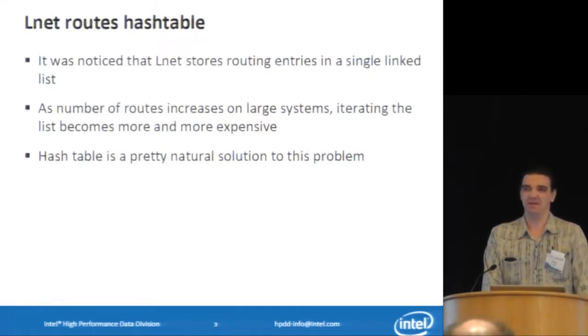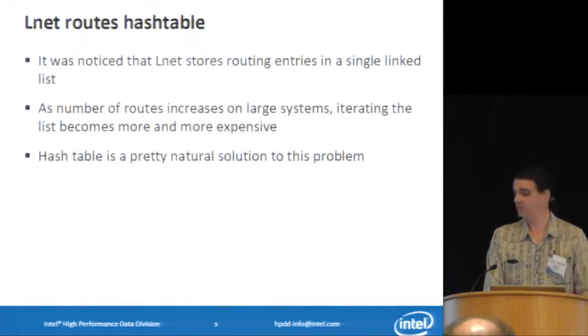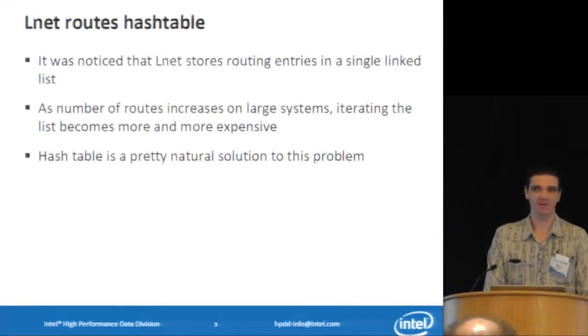So we took their code, improved it a little bit, and the routing table is now a hash table with a varying number of entries. You can control that manually, or if you don't, the system will try to second-guess the table size based on how many entries you actually have. This is a pretty simple feature, but it's going to be useful for those of you who run lots of routed networks, like the fine-grained routing at Oak Ridge, I guess.